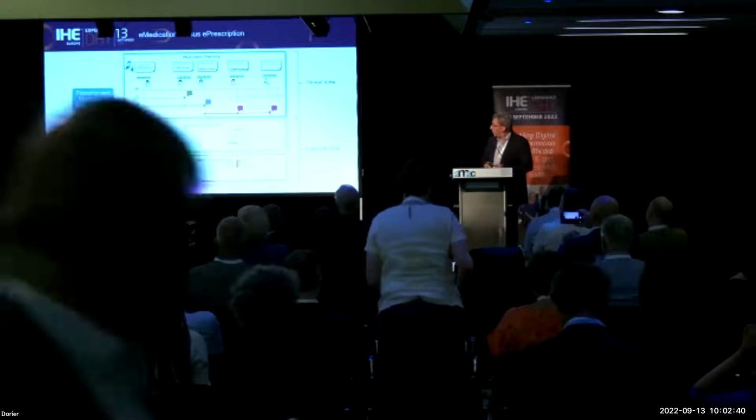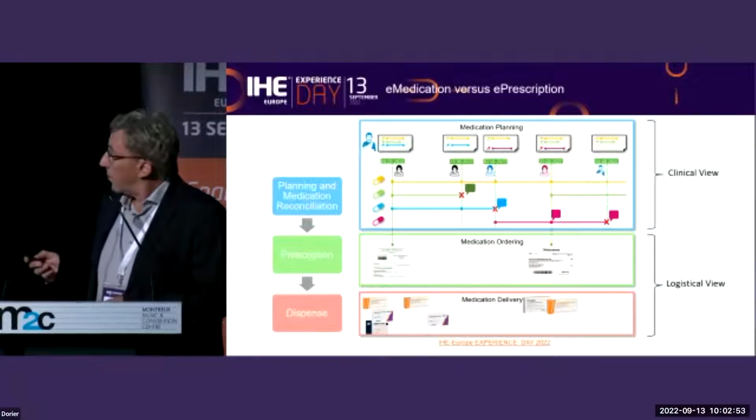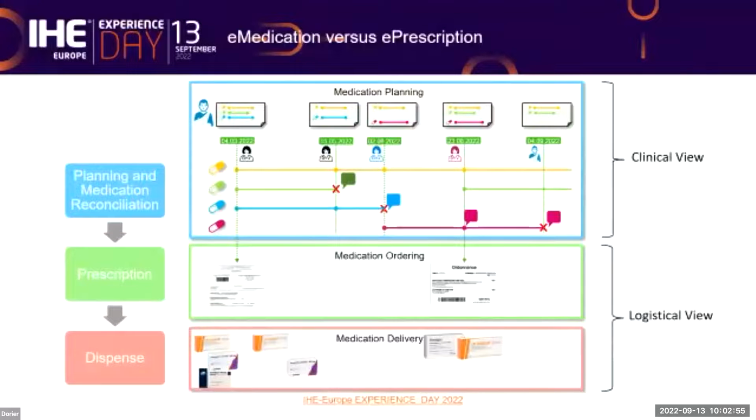One very important thing when you talk about e-medication is the difference between the clinical view part and the logistical view. In the clinical view, you have the decisions. There's often a confusion when the physician says to the patient, well, I do a prescription, you have to take this medication for 1 week or 2 weeks, and here's the paper.